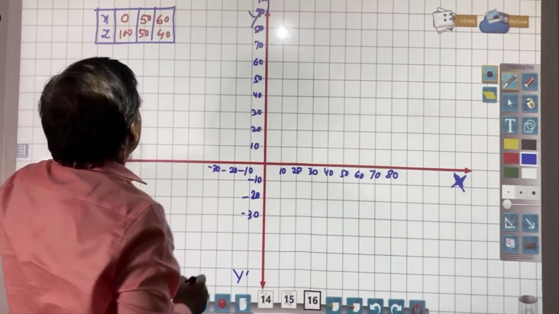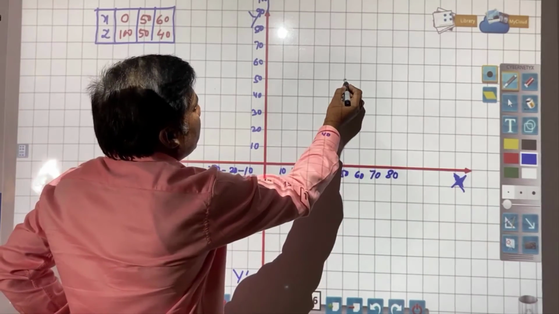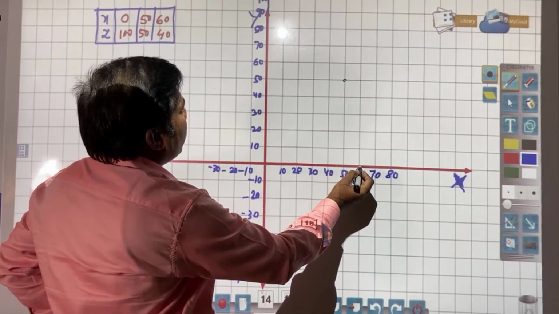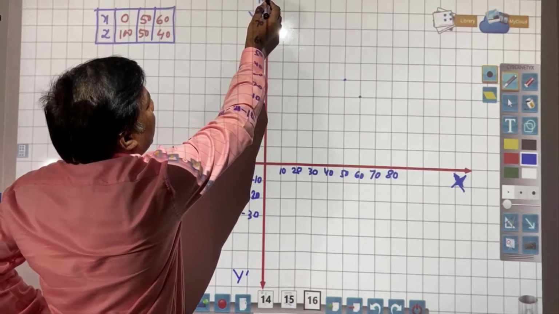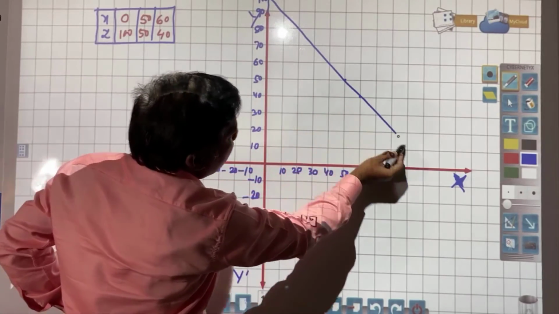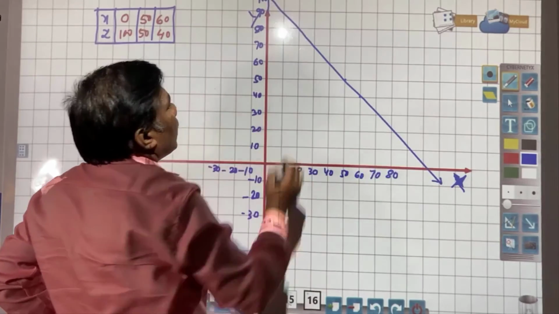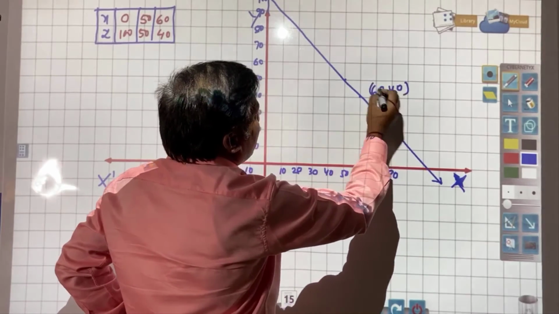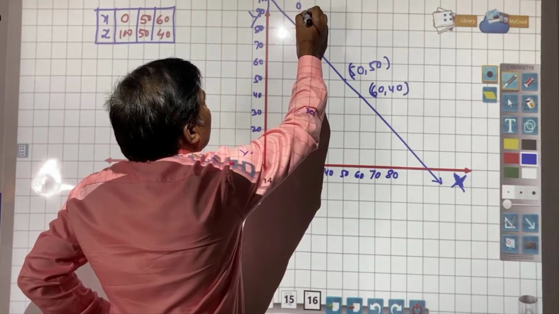So this point you will be having 50 and 50. This X is 50 and Y is 50. And then you have 60, 40. This 60 and you will be having this 40. Now these dots are required to be joined by the help of a ruler in a proper way, in this way. And your coordinates are 60, 40, this is 50, 50, and this is 0 and 100.